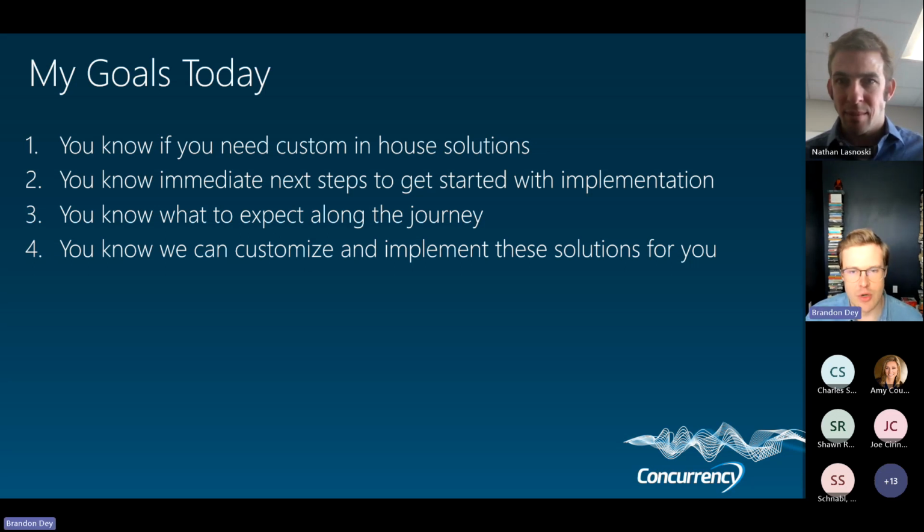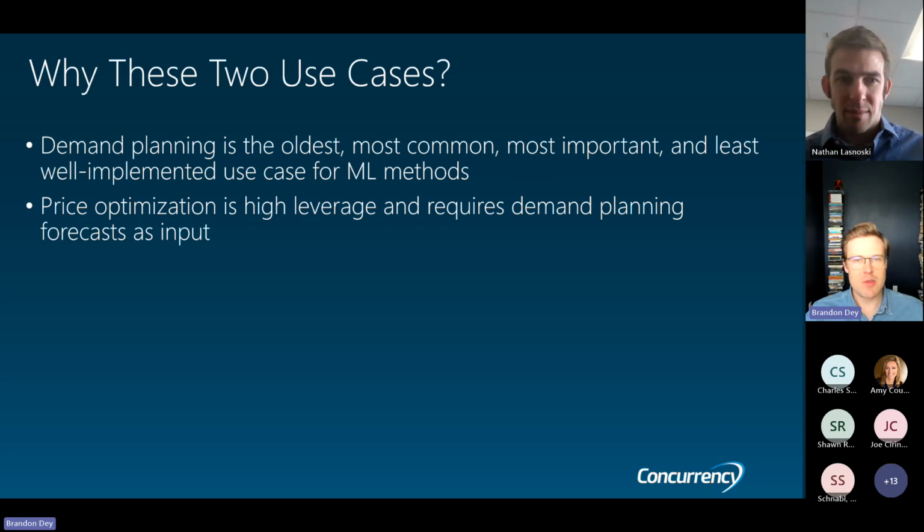Let's move forward. So why are we talking about these two use cases? Well, the first is they're valuable. They both are. Demand planning in particular has been around for a very long time. It's very common. It's very important, especially for manufacturers and retailers to optimize their supply chains. And despite it having been around for a long time, it's not often well implemented.